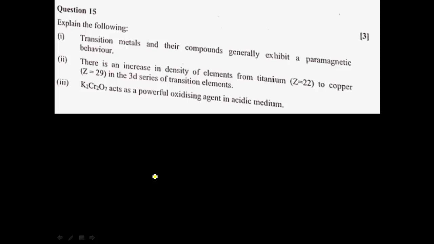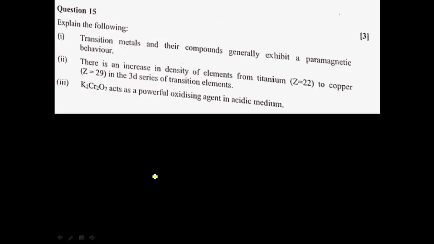Now these are theory-based questions from the D block elements, and you can frame your own answers. The first question is: transition metals and their compounds generally exhibit a paramagnetic behavior. Well, this is because their d orbitals are incompletely filled, due to which there are unpaired electrons present there, and this is why they show a paramagnetic behavior. Done. Question number 2. There is an increase in density of elements from titanium to copper.